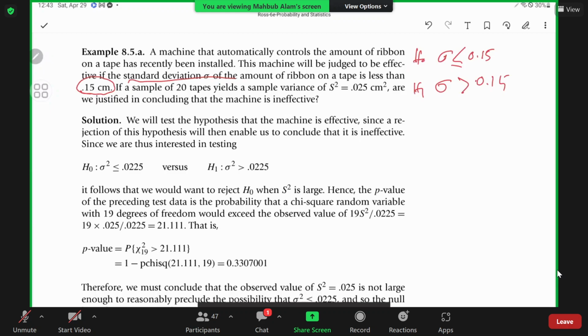A chi-square distribution with n-1 degrees of freedom divided by n-1, and a chi-square distribution with m-1 degrees of freedom divided by m-1, has the F distribution with degrees of freedom n-1, m-1.